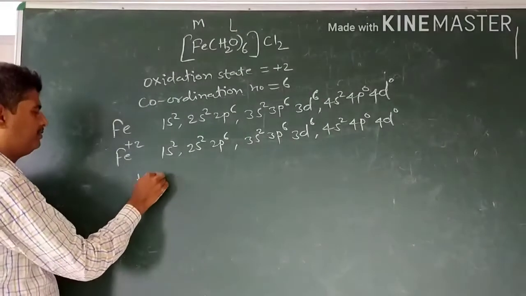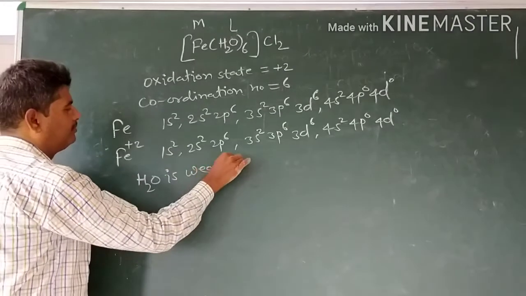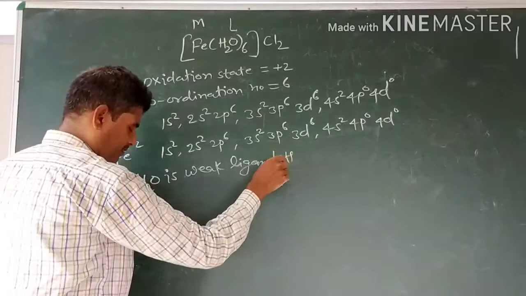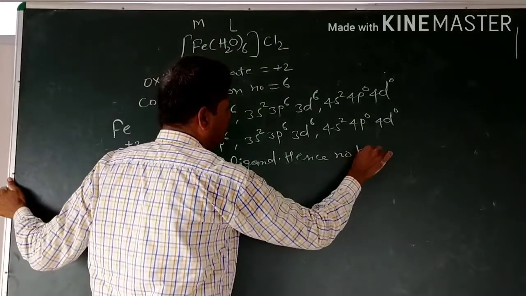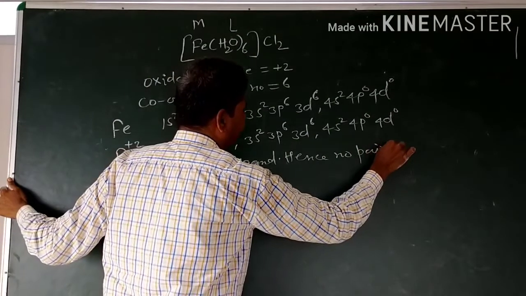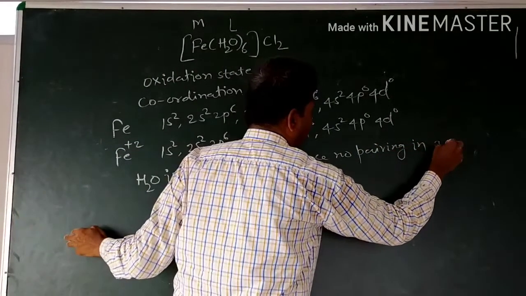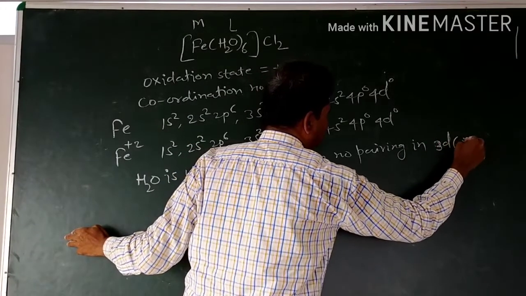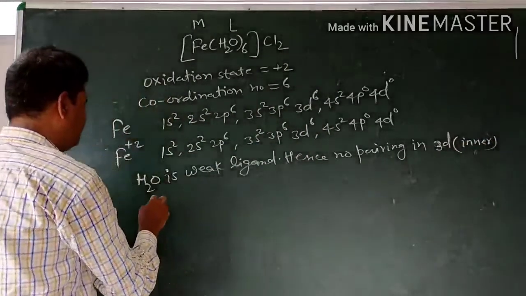Water is a weak ligand, hence no pairing in 3d, that is the inner 3d orbital.